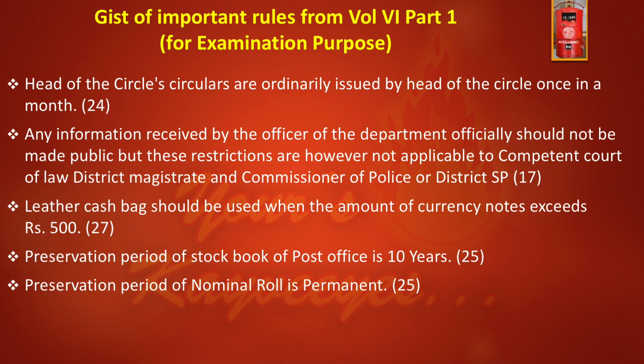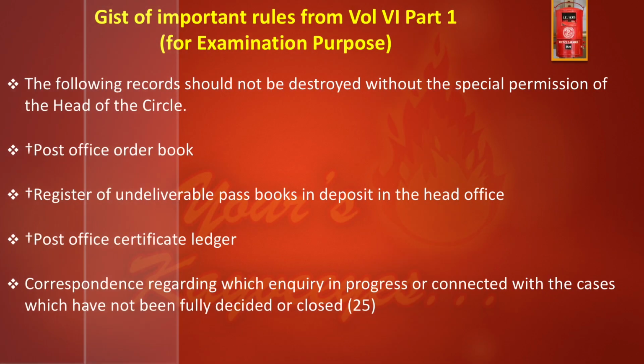Rule number 25. The preservation period of the nominal roll is permanent as per Rule 25. The following records should not be destroyed without the special permission of the head of the circle. What are they?